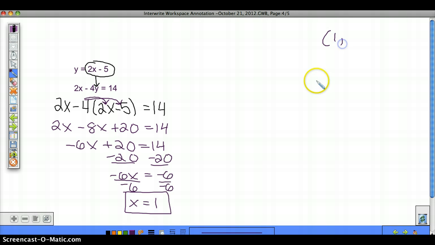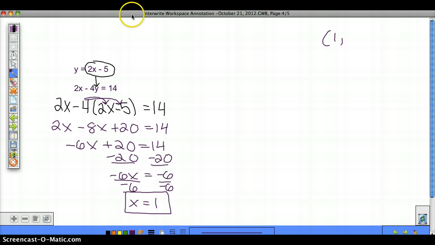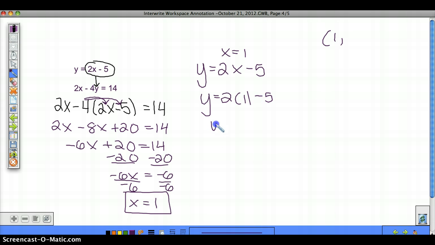We have 1 for x. And now I need to find my second variable. So we have y equals 2x minus 5, and I know that x equals 1. So plugging that in, we get y equals 2 times 1 minus 5. So y equals 2 minus 5, which is negative 3.